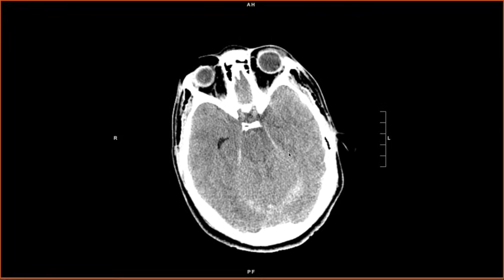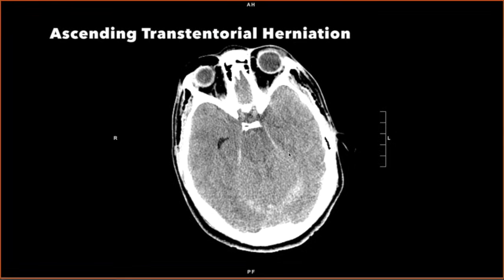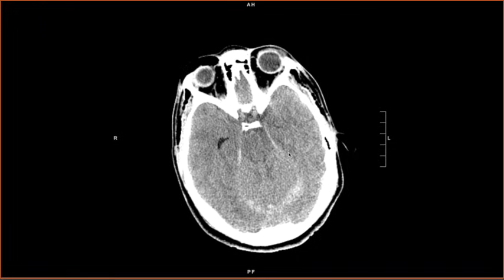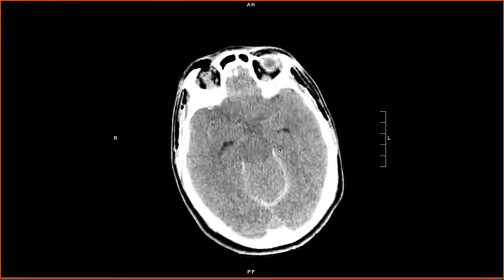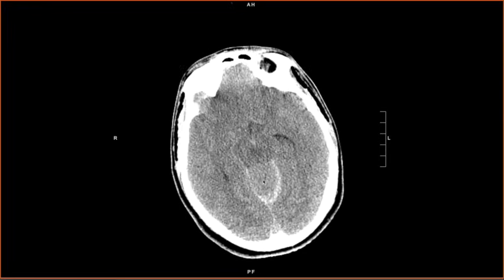I've only mentioned the 3 most common and important herniation syndromes, but there are more to know. For example, ascending transtentorial herniation occurs when there is mass effect causing infratentorial brain to herniate upwards through the tent, as in this example here. Notice that the quadrigeminal cistern here that should sit behind the midbrain is completely effaced as a result.